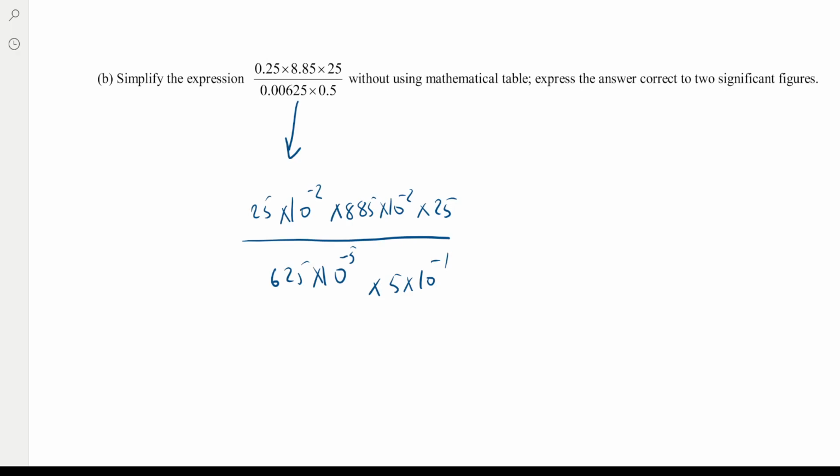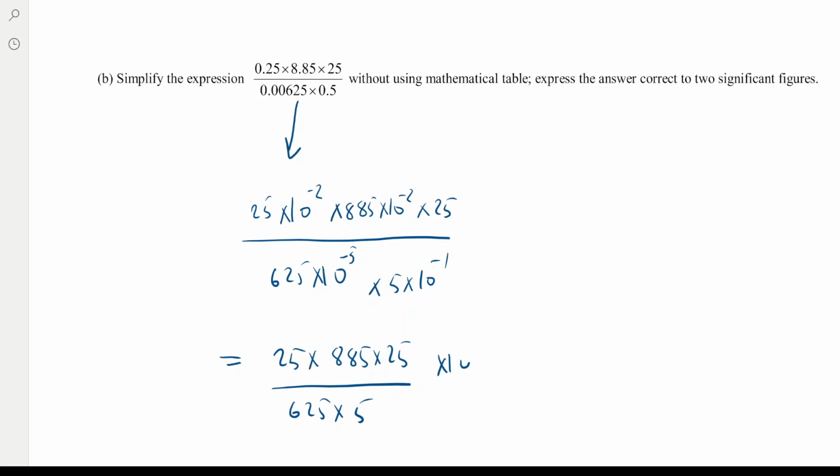So you can start simplifying. We are going to regroup the numbers. We'll have 25 times 885 times 25 again, divided by 62.5 times 5, times 10 power negative 2 plus negative 2, minus negative 5 plus negative 1. So we just combined the exponents of this 10 power.